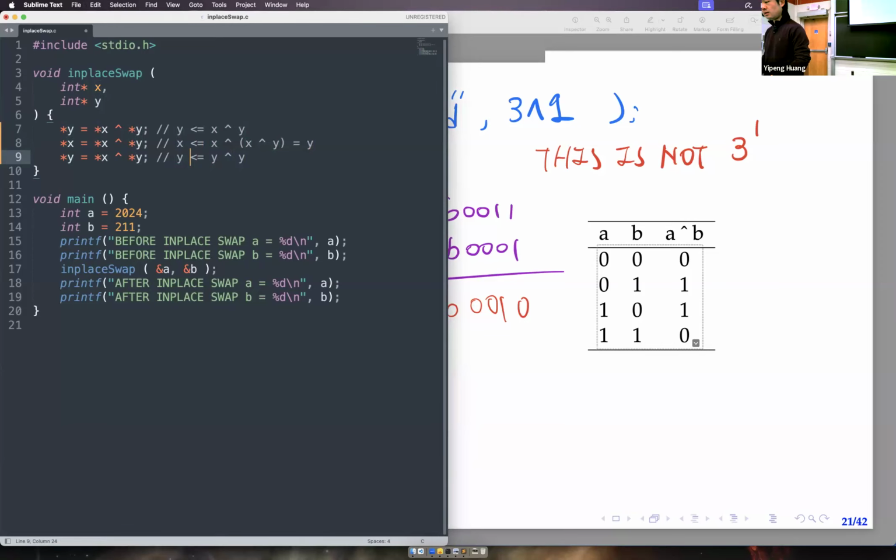And what's this going to be? What did we do wrong here? Hold up. Ah, good call. Sorry about that. Very good call. So yeah, what is Y at this point? Right? Y at this point stores this value.